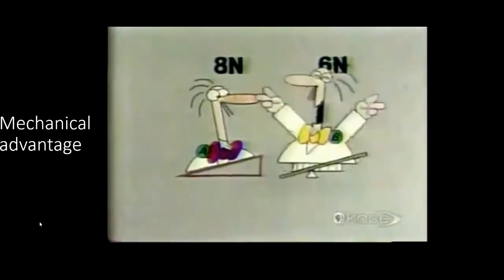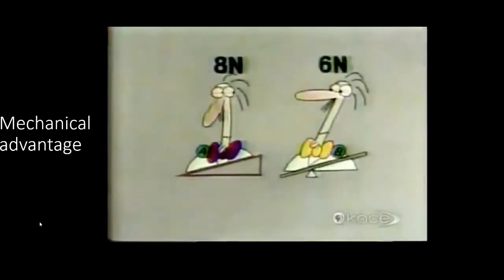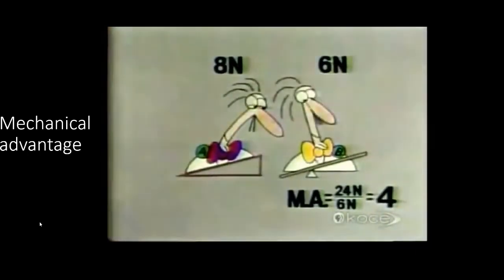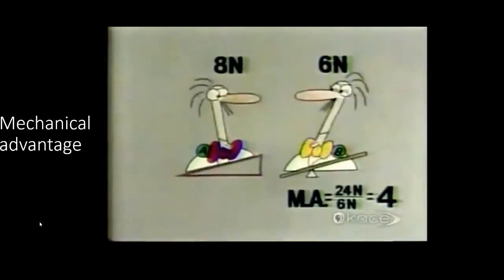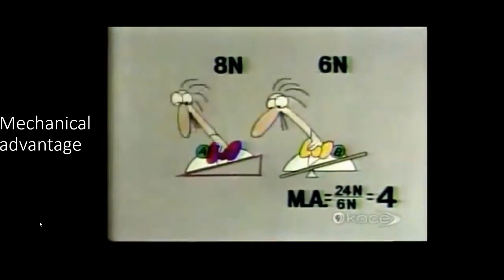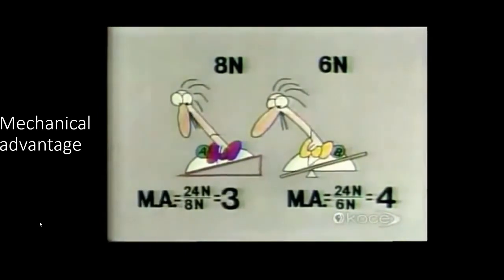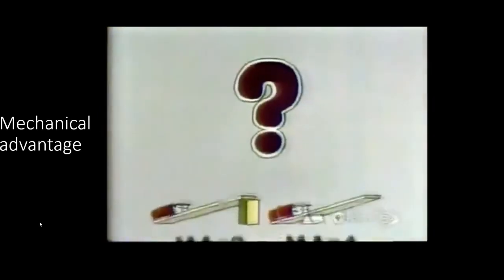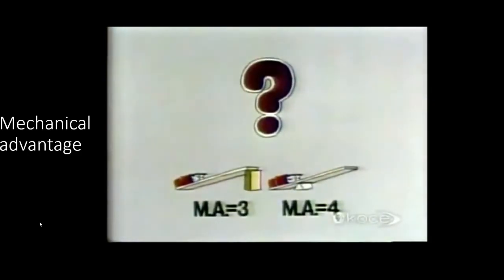Professor B is still the winner with a force of only 6 newtons, thanks to the mechanical advantage of 4 given him by his lever. Whereas with Professor A's inclined plane, we see that he has a mechanical advantage of only 3. Why is this? Why did the inclined plane have less mechanical advantage than the lever?